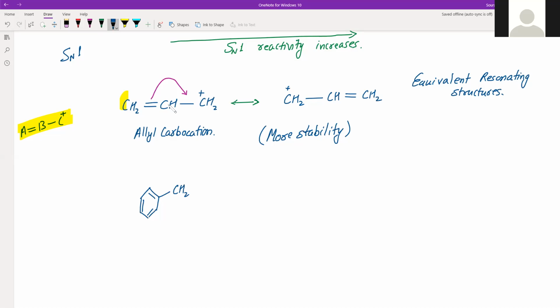So that means there will be a positive charge here. Now if we observe this, this is A, double bond B, single bond C, and on C there is a positive charge. So due to the same reason, this is also capable of showing resonance. So now there will be a resonance effect here as well.